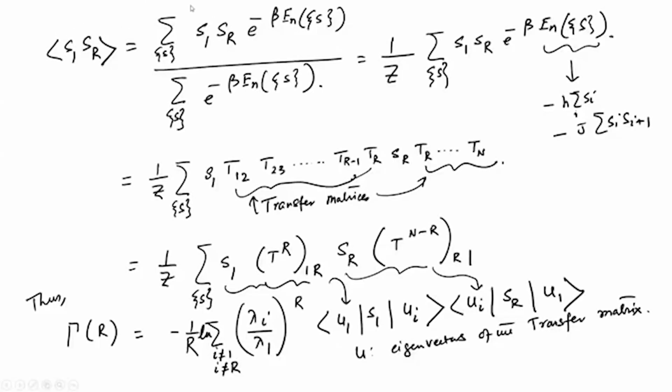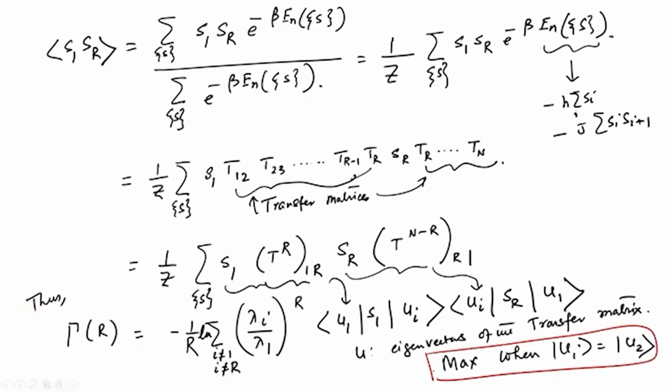And if you calculate U1 and U2, let me also write down that this is maximum when UI equals U2. And this is an important thing, so let me put a box around this.